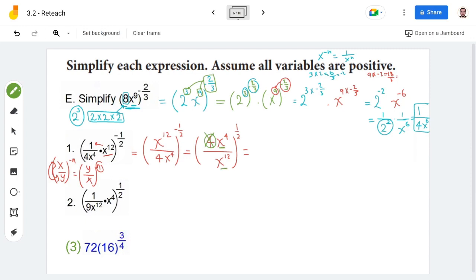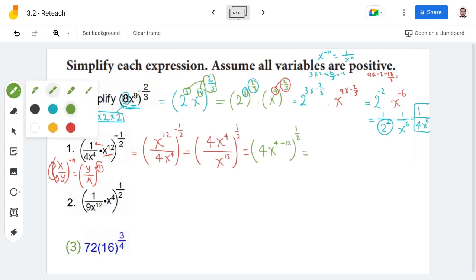When we have x with the same base but different powers, what's happening with the power? We minus the power. Now, let's rewrite the question. So 4 x to the power of 4 minus x to the power of 12, all of that to the power of half.